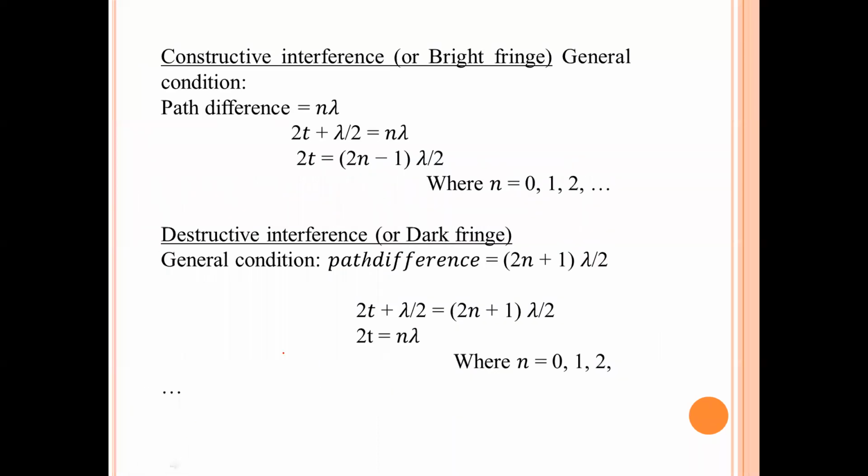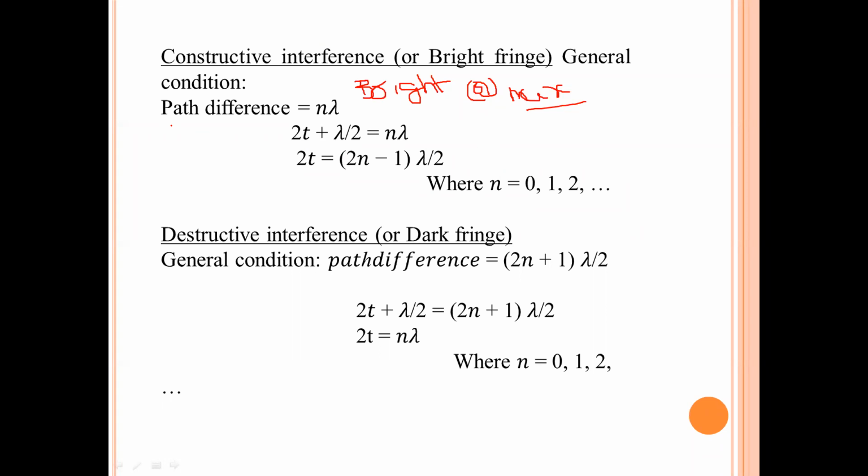Now the next case is constructive interference. What does constructive interference mean? Simply, it is the case of a bright ring, or the case of maximum intensity.